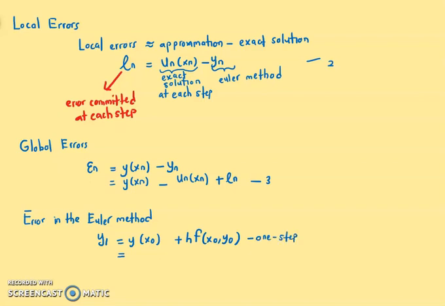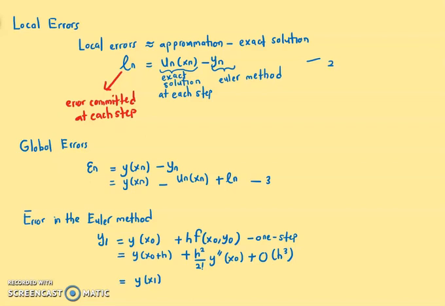When you take the Taylor series expansion of this, it will be y of x naught plus h, plus h squared over 2 factorial y double prime of x naught, plus higher order terms. Now x naught plus h gives y at x1.